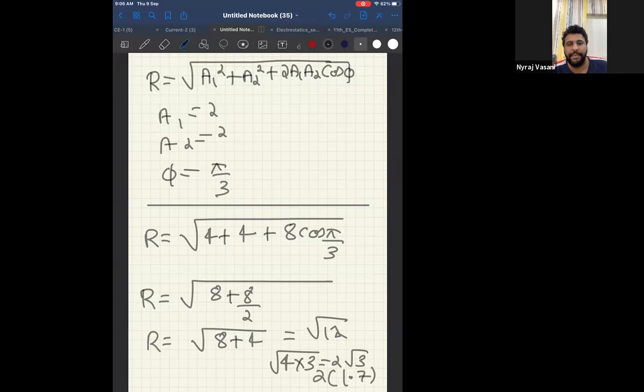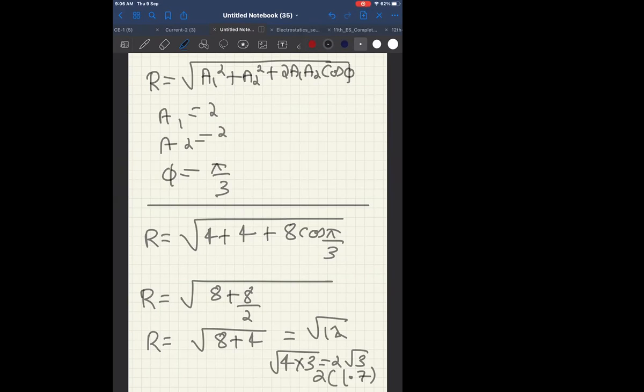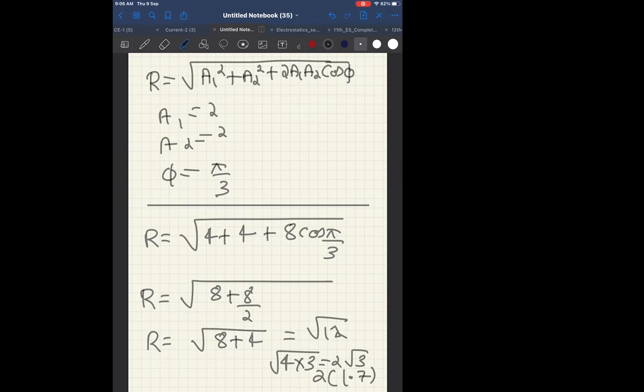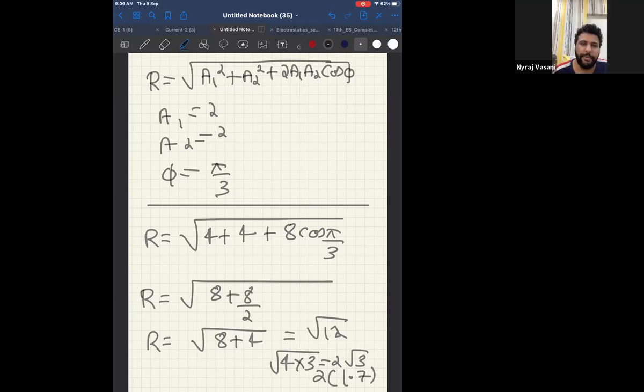Root 3 is 1.7. I told you, remember, root 2 is always 1.4 and root 3 is always 1.7. So 2 into 1.7 will be almost 3.4. Answer is 3.4 approx. Understood?